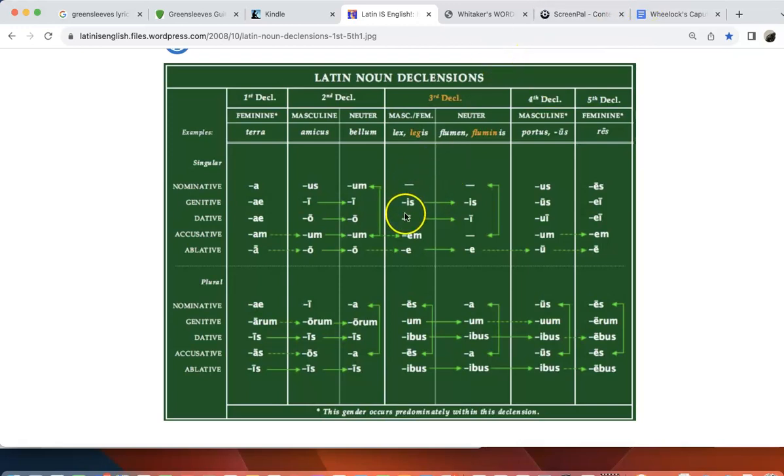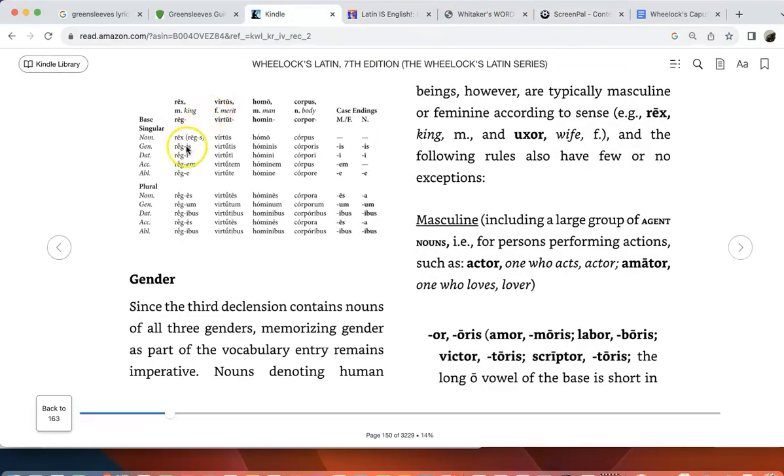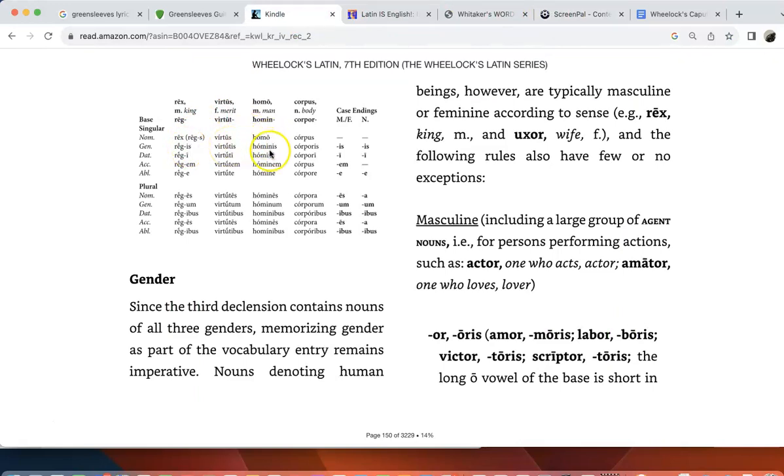But you can see it's rex, regis, so there is our genitive singular, is. If we go back to our example here, you can see that the genitive singular is is. Same thing with these other ones. So look at the word for man, homo, hominis, body, corpus, corporis. And then we have some neuter nouns as well that need to be learned.